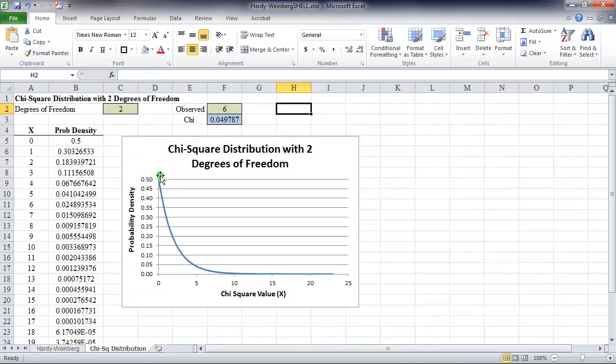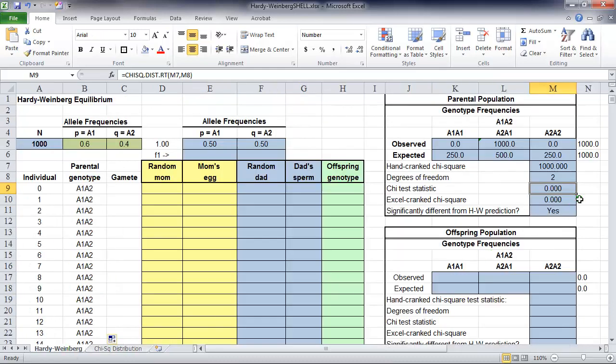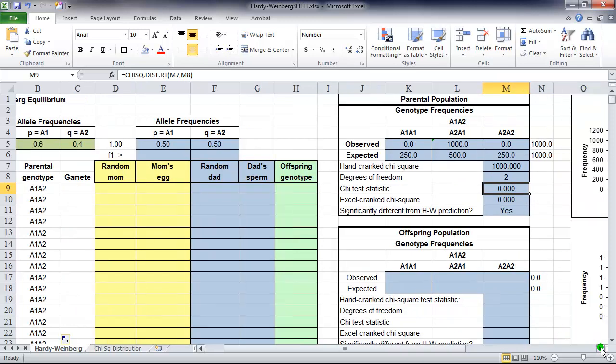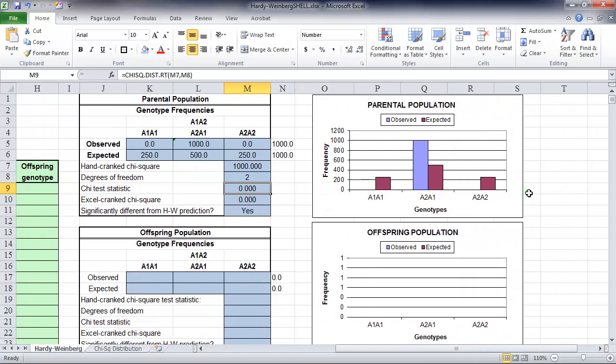We're talking about this distribution, and we're finding the number 1,000 way over here, and we find that all of the distribution is to the left. That means we're in that very far right corner, and we would say that this population is out of Hardy-Weinberg equilibrium. Here's what this looks like graphically. Here are our observed values, and here's what is expected if the population was in Hardy-Weinberg equilibrium.